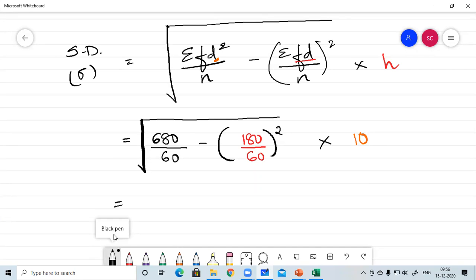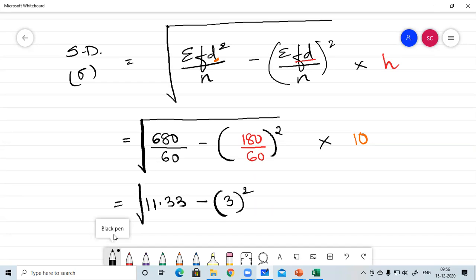Okay, so you do 680 divided by 60, you get 11.33 minus 180 divided by 60. 180 divided by 60, you will get 3. Is this right? Yes, sir.